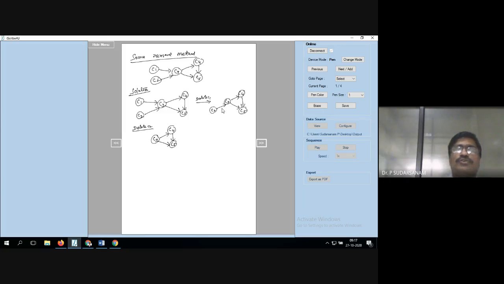Right. Now, where you don't have the in-degree is nothing but C3. Now, what you have to do is delete C3. You can write one by one diagram in the exam because I am not having the space. That is the reason I am writing parallelly. So, in the exam you write it one by one. Delete C3. So, once you delete C3, the remaining nodes, what will happen? C4 and C5.